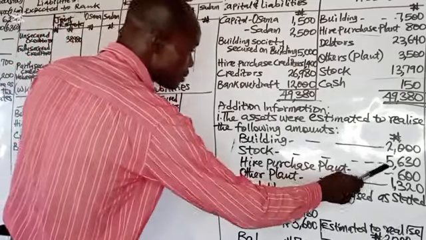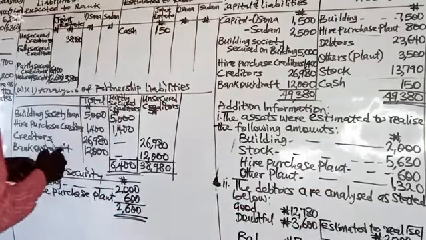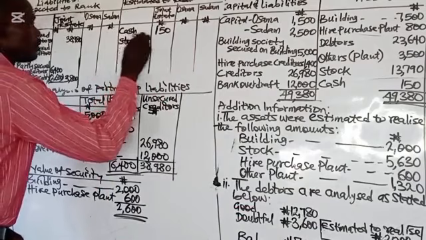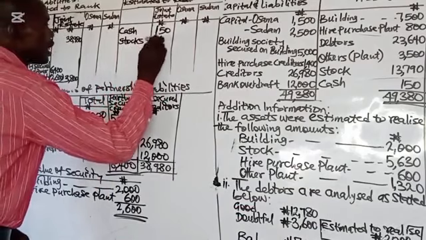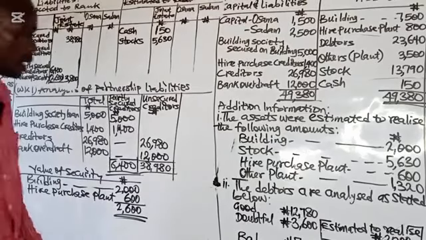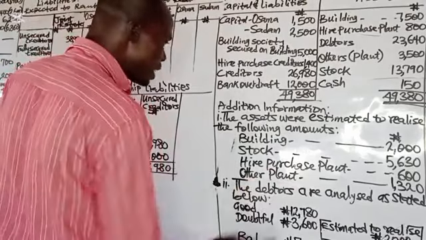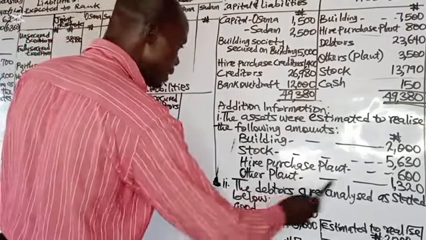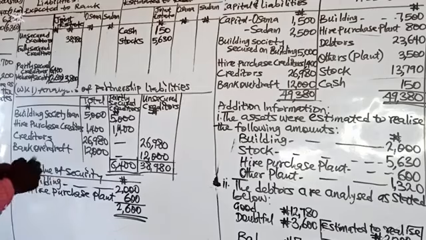Stock, 5,630. So that is for the joint estate. Then hire purchase plant has been used as collateral. We have other plant, 1,320.